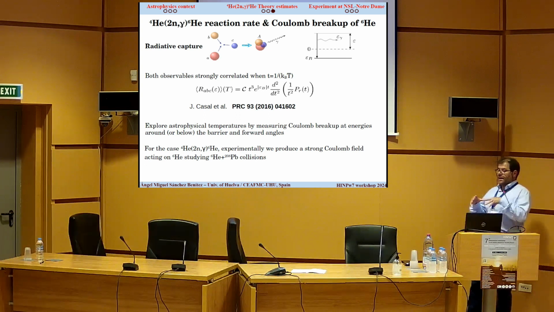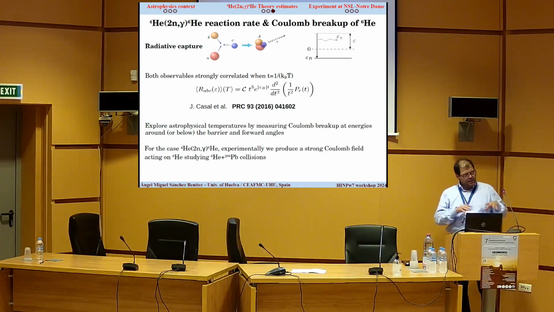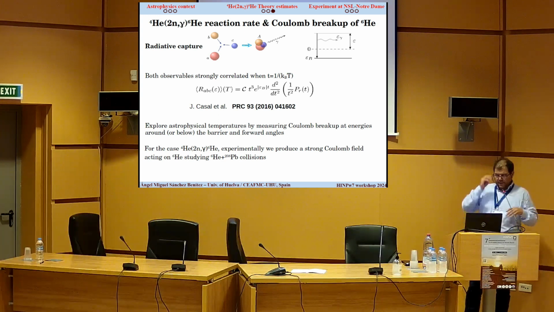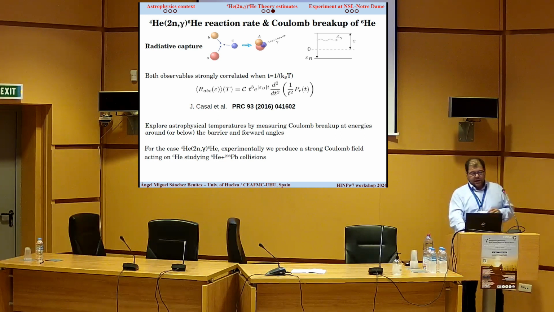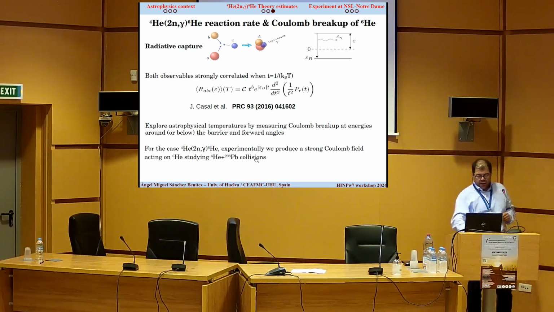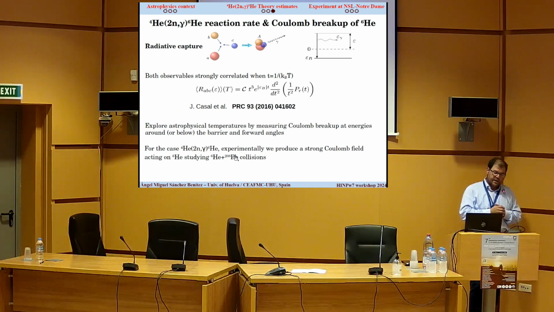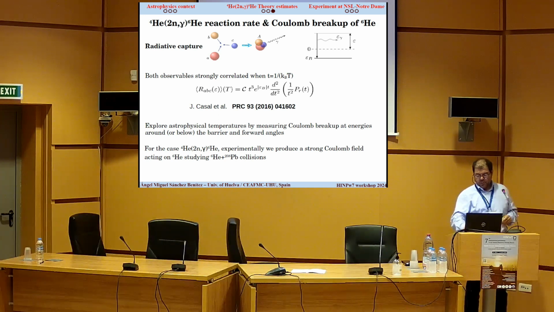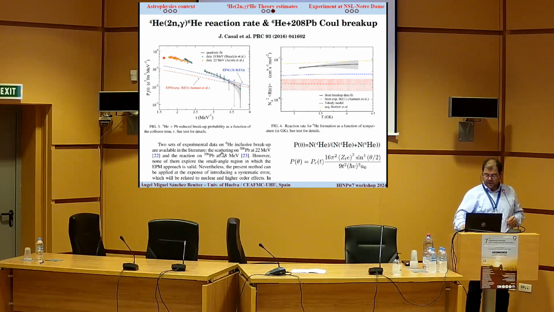Because the condition of validity of the EPM model is that we should have pure Coulomb breakup, right? No nuclear effects. So how can we produce a strong Coulomb field against helium-6? We will use a heavy target like 208 lead, and we will study collisions of helium-6 against lead.